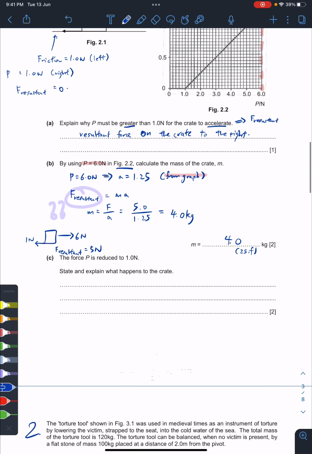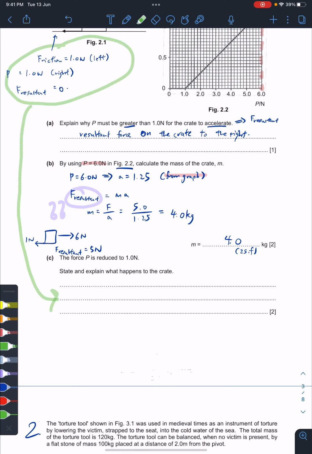So what happened when P is now 1? It's basically this scenario, isn't it? So we have to write it down. So what happens? We'll say that P is equal means the strength. It is basically a magnitude. And opposite is basically talking about direction.